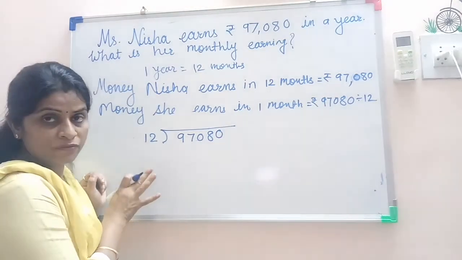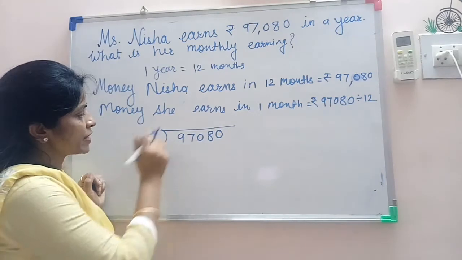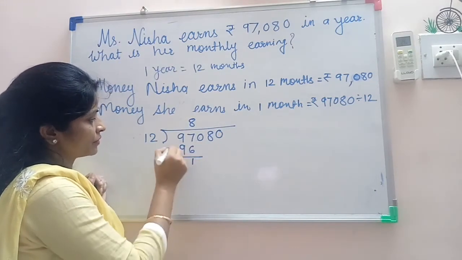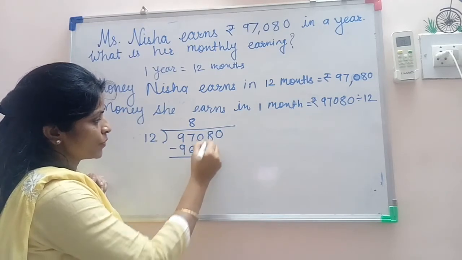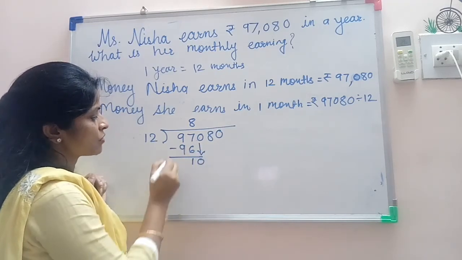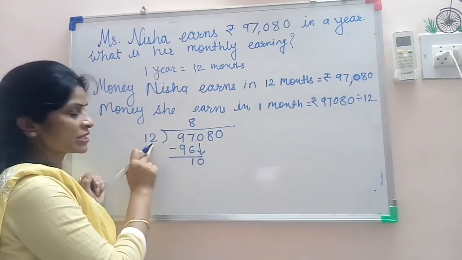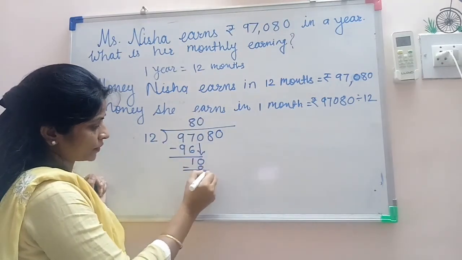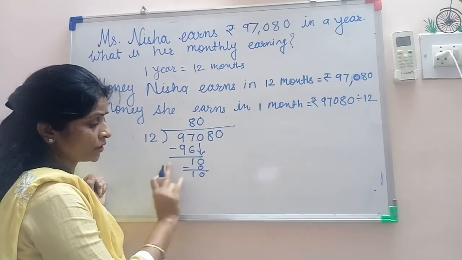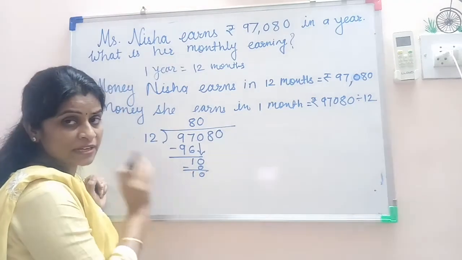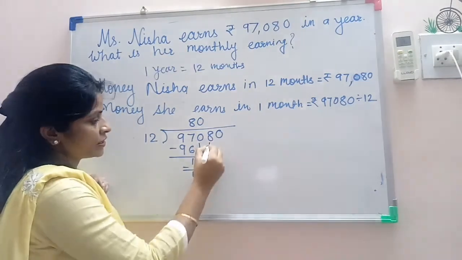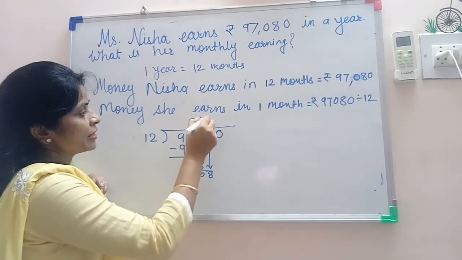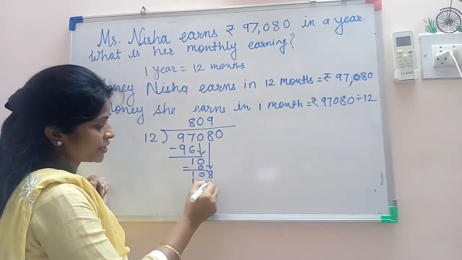You know the table of 12. So 12 8s are 96. 1 0. Putting the 0 down. So 10 is smaller than 12. So 12 zeros are 0. If you are avoiding these steps, that is also correct. Now we will take the 8 down. Now 12 9s are 108.